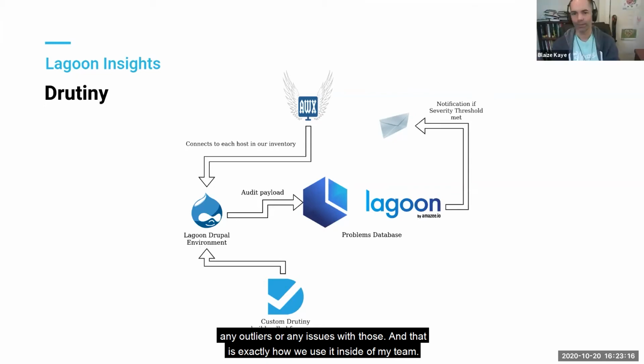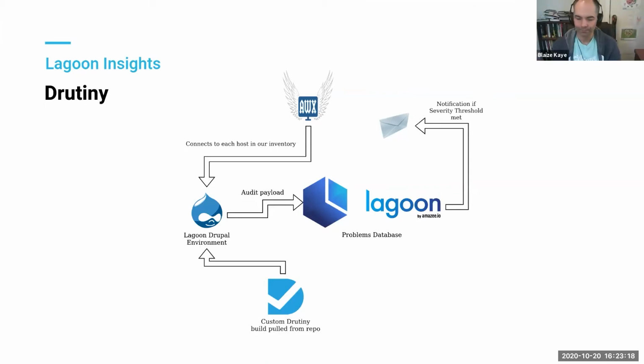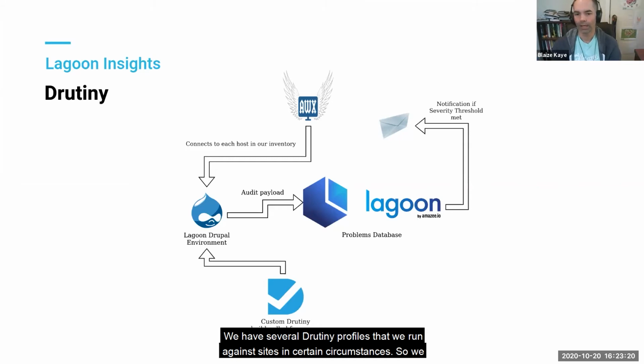And that is exactly how we use it inside of my team. We have several Drutiny profiles that we run against sites in certain circumstances. We have a generic, service level test profile that runs specific tests for our high touch clients. We have the standard Drupal 8 profile that we just run across all of our Drupal 8 sites.